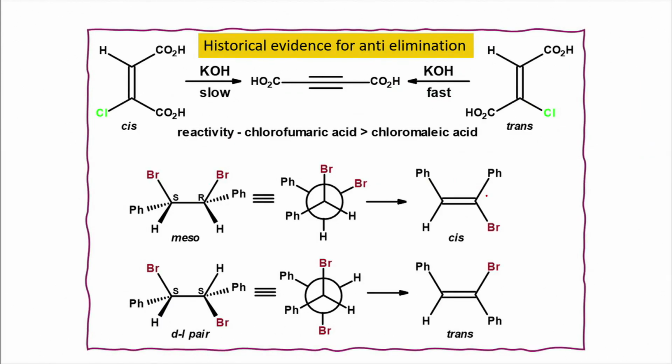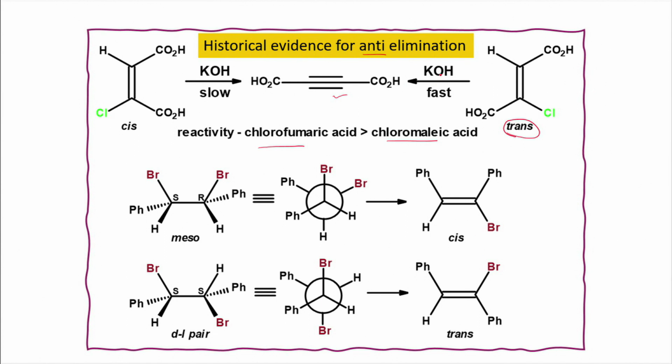So, how do we know this is an anti-elimination? If you look at the historical evidence, we have chlorofumaric acid and chloromaleic acid, two isomers. So, when the trans isomer is subjected to elimination in the presence of KOH, this undergoes fast elimination to give the particular alkyne.